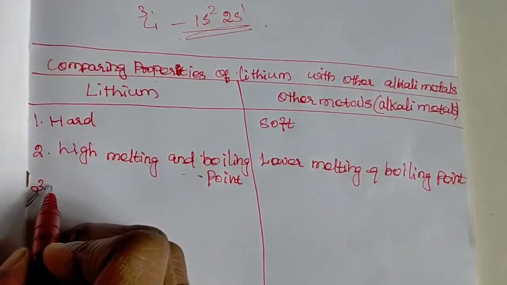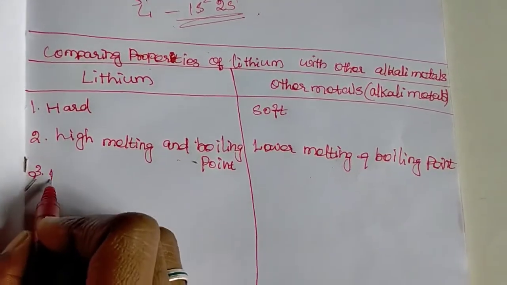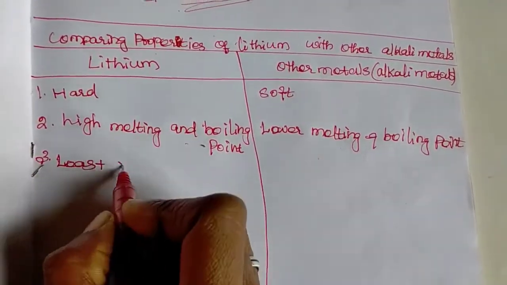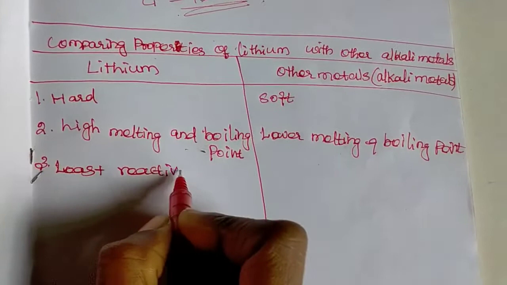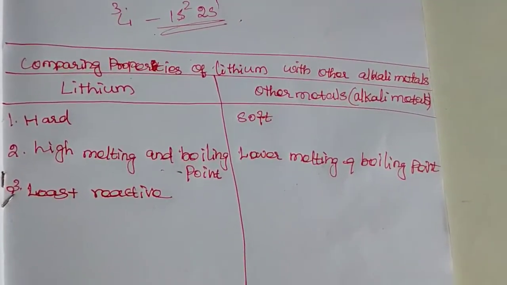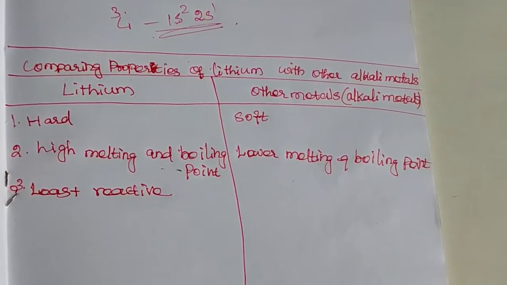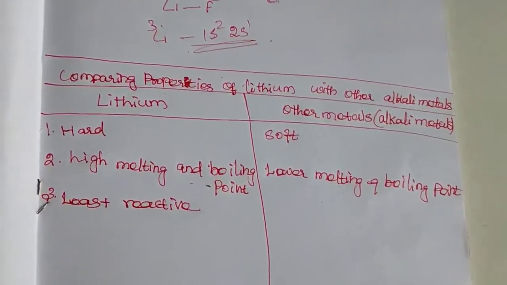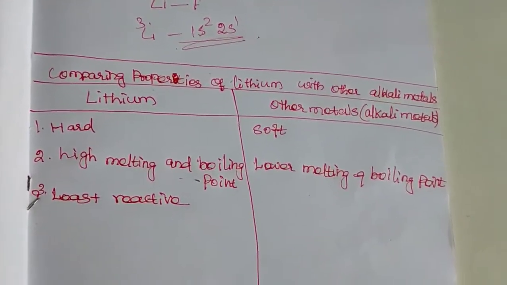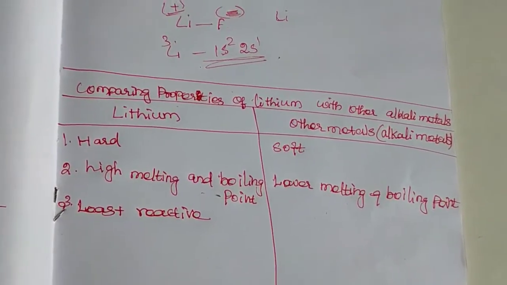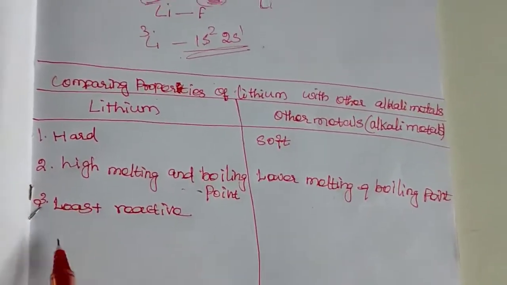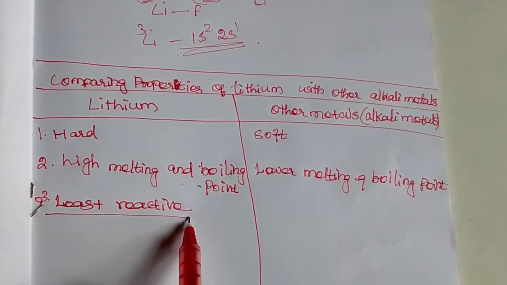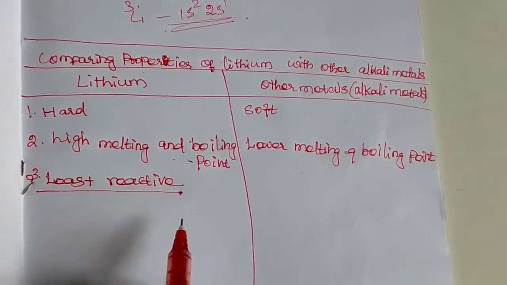Next character, lithium is least reactive, but alkali metals are highly reactive metals, we know that. But among the alkali metals, lithium is the exceptional case because of its distinctive behavior. Its reactivity is less.